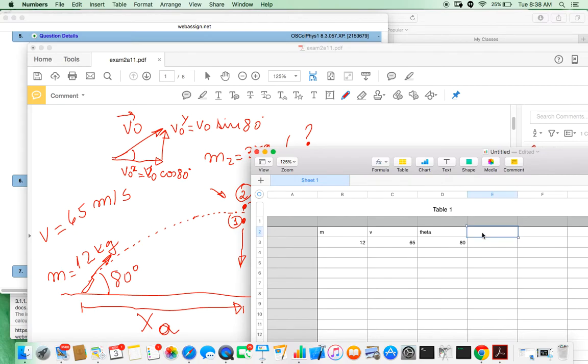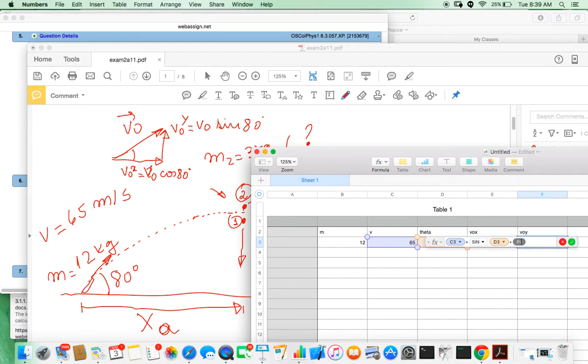So V naught x is equal to V naught times cosine of the angle. And you know, in Excel I have to put this pi divided by 180. So here's my initial velocity in x. My initial velocity in y is equal to V naught times sine of the angle.